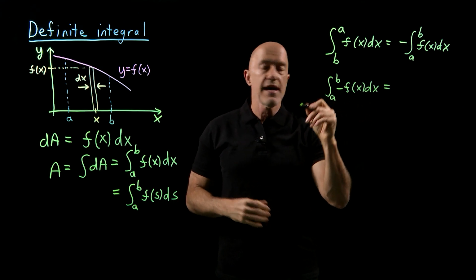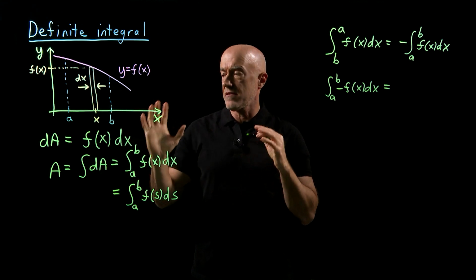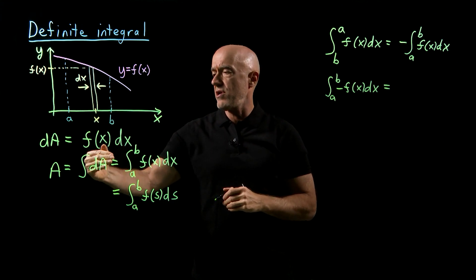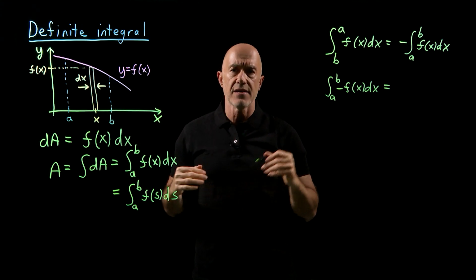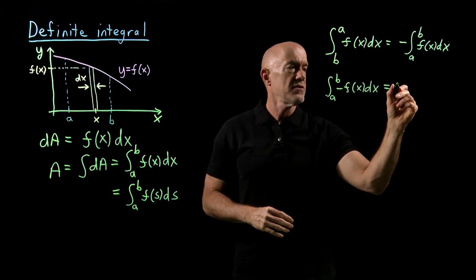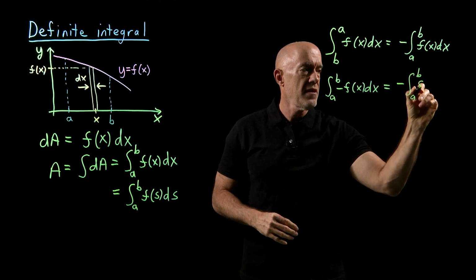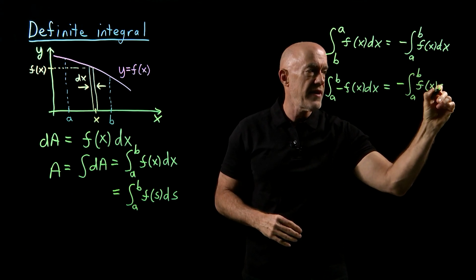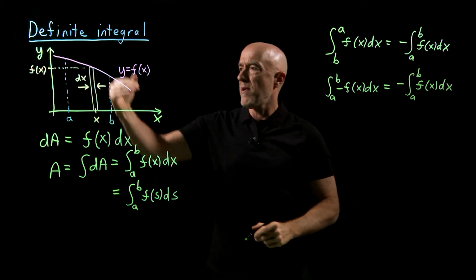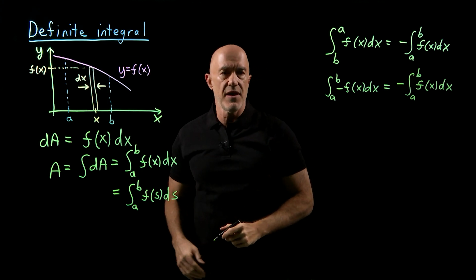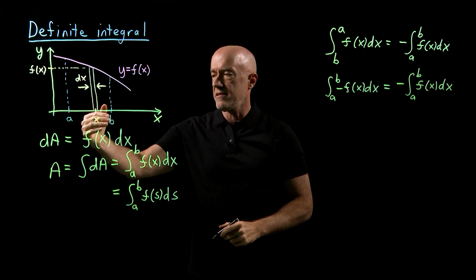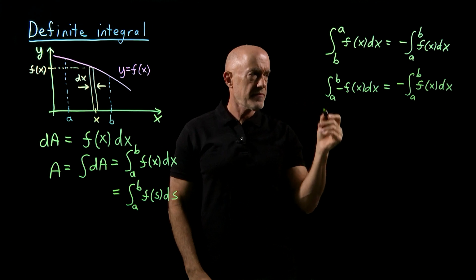The way we do that is we say that all the area that's below the x-axis counts as negative area. So that would be the negative of the integral from a to b of this positive function f of x dx. So above the x-axis is positive area, below the x-axis is negative area.